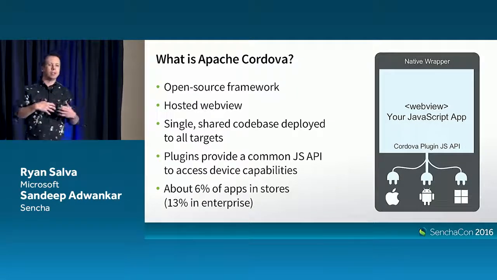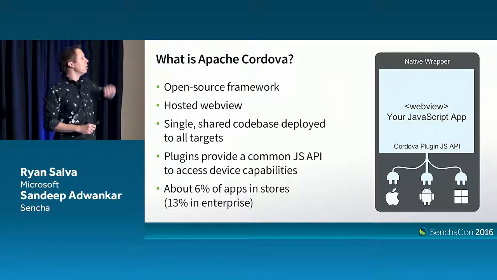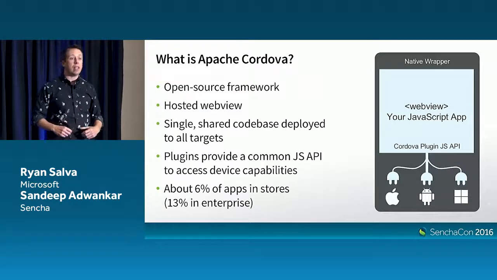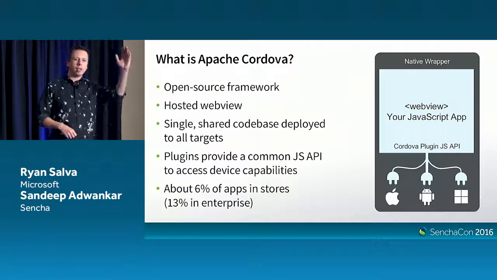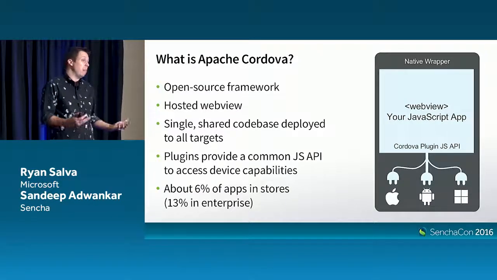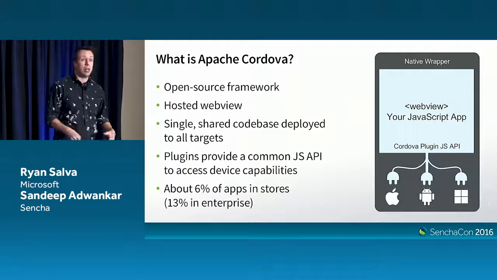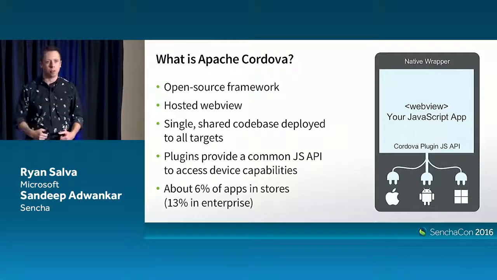Now, from a technology perspective, what's really happening here is that your JavaScript app is a full screen web view. That is to say that when you open up an app, everything that you see on your screen is kind of like an embedded browser, right? Hence the ability to reuse all of your HTML, CSS, and JavaScript skills.